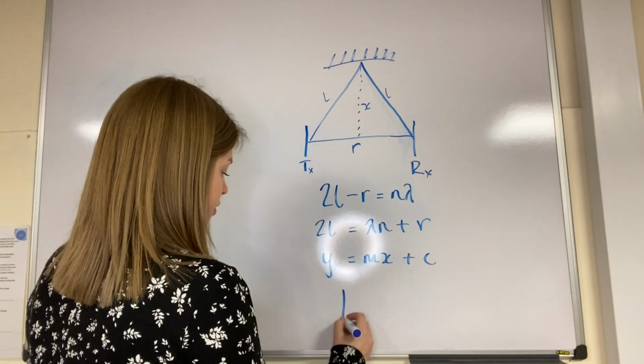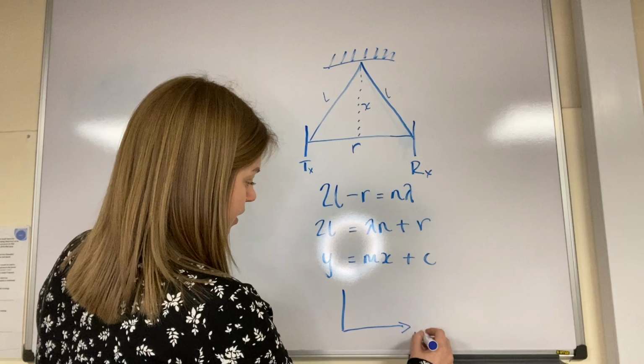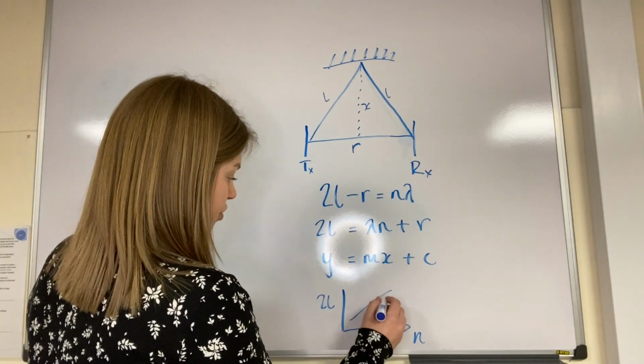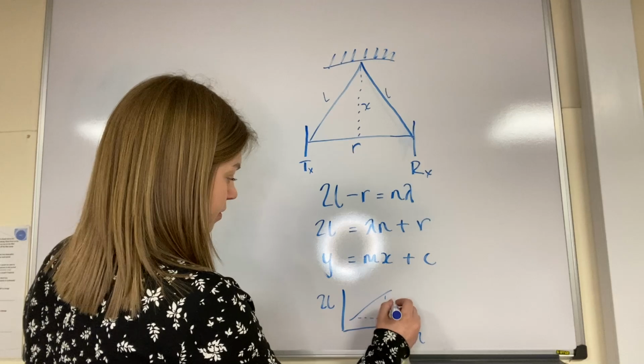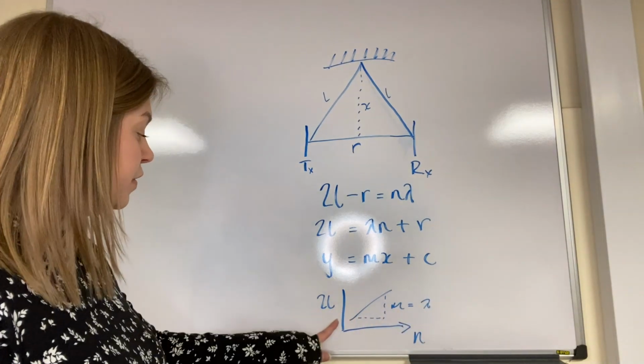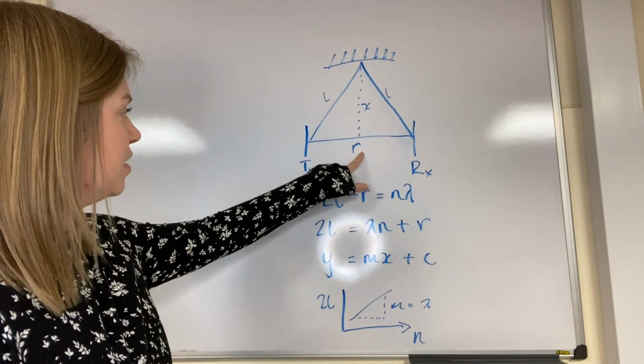So our graph is going to look like n against 2L, a nice straight line, and our gradient is going to be lambda.